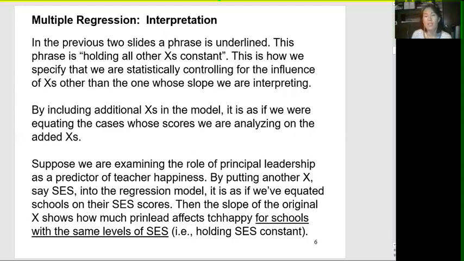So you can add more predictors in the model as long as the model can explain the variance of y better than before, right? It is as if we were equating the cases whose scores we are analyzing on the added X.